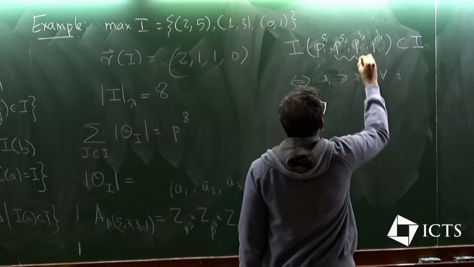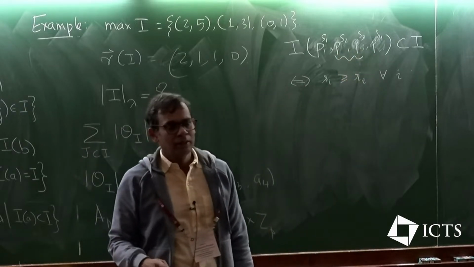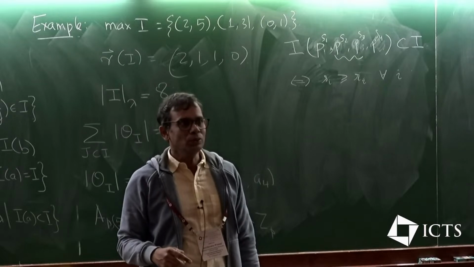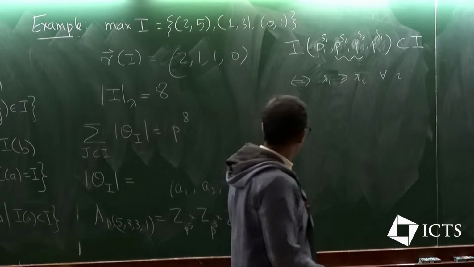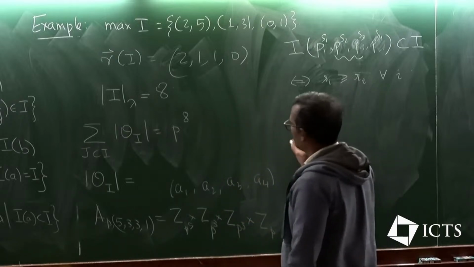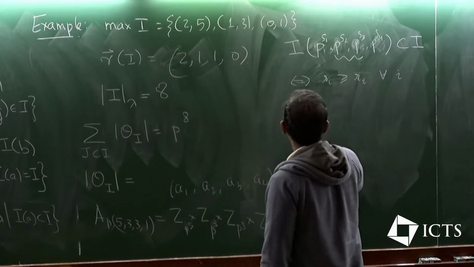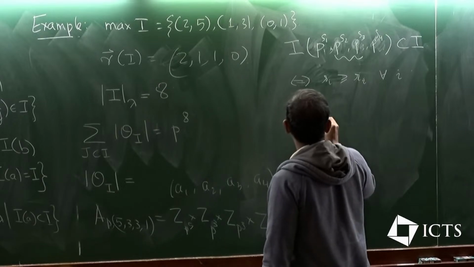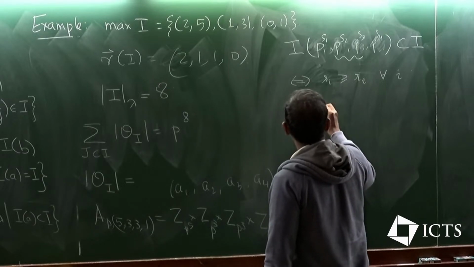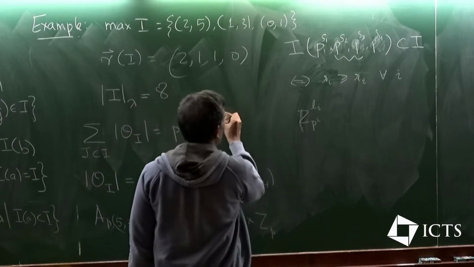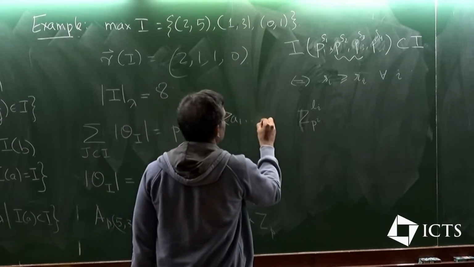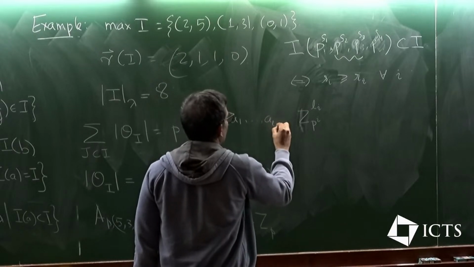Out of these two valuations, one is exactly r2 and this one is exactly r3. So in general, if you have a block of Z mod p^i raised to λ_i, then in here you have a vector a1, a2, up to a_{λ_i}.